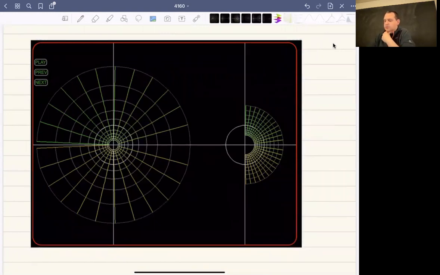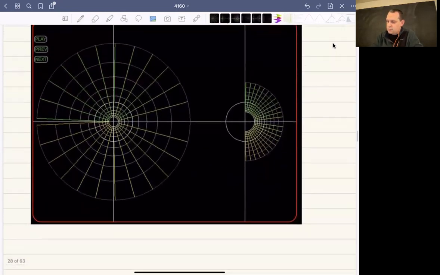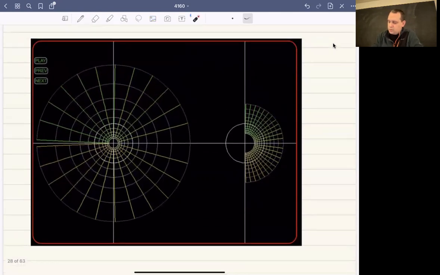But what's going to happen is we're going to go from negative pi to pi. Okay, so around the circle that way. We do not include that endpoint. We don't include negative pi or pi.